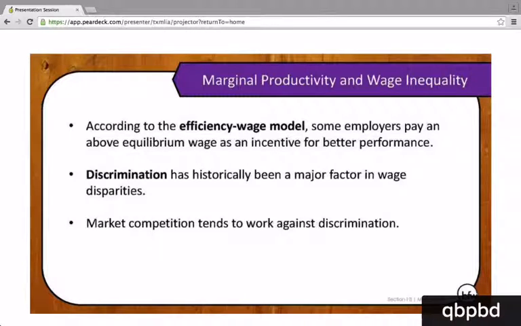In other words, the value of the marginal product of that worker is greater than the wage they have to pay them. So this employer will maximize their profits by hiring more of these workers who are discriminated against. But as they continue to hire more of them, the market-wide demand for these workers increases, thus increasing the wage, and the wage differences would be eliminated. So according to this theory, the market would take care of discrimination on its own.